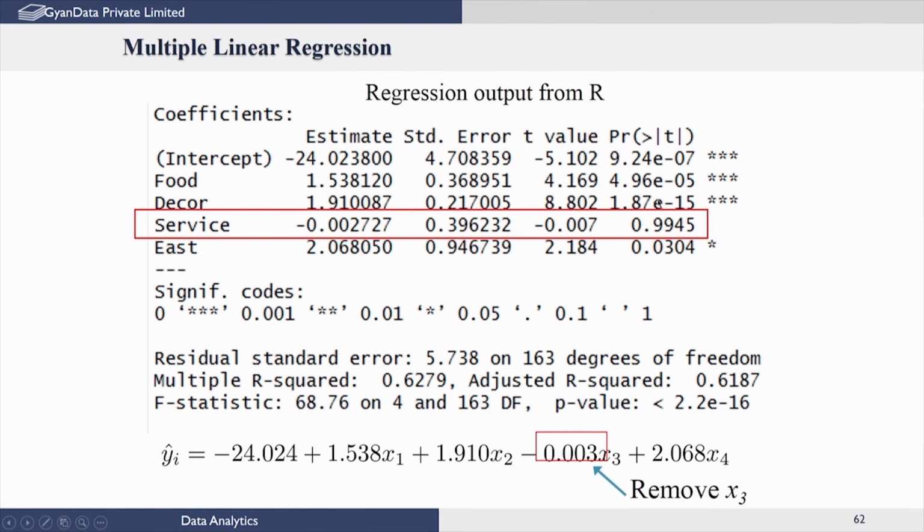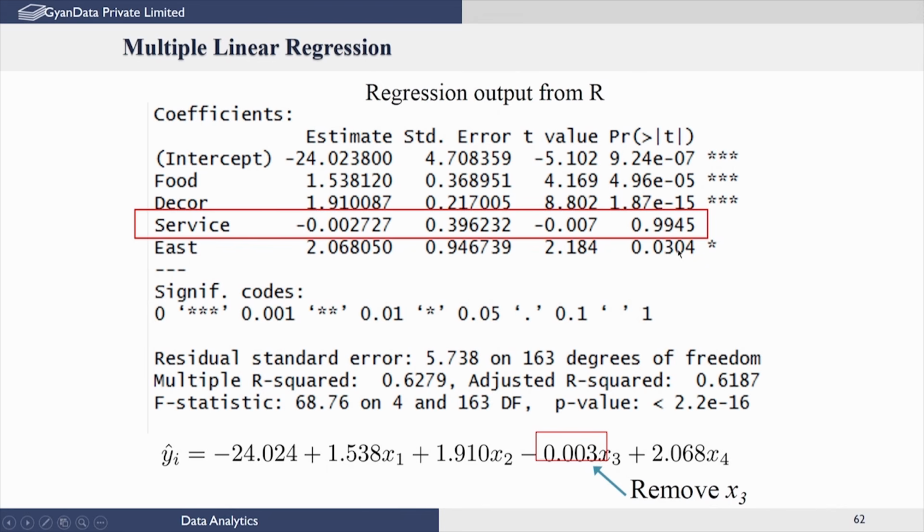So in this case the first 3 have very low p values and therefore they are significant, but service has a high p value, therefore it seems to indicate that this coefficient is insignificant, is almost equal to 0, that is what this indicates.